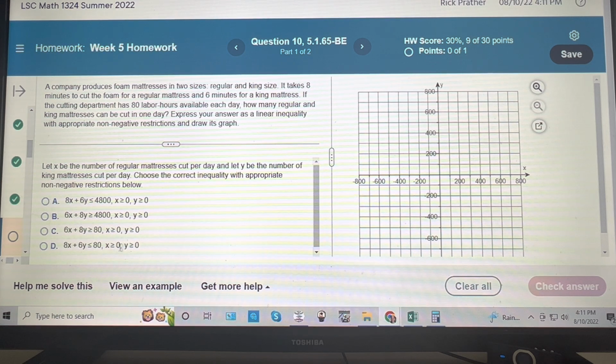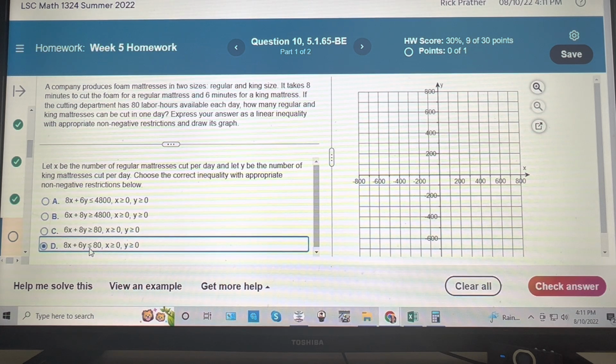And of course, notice they're all in the first quadrant because you can't have negative numbers of mattresses. If the cutting department has 80 labor hours available each day, so that's all they have, they can't go over that. It's 80 or less. So that's why the answer is D, you have to stay at or below 80. That's all the money they have to spend on labor every day.